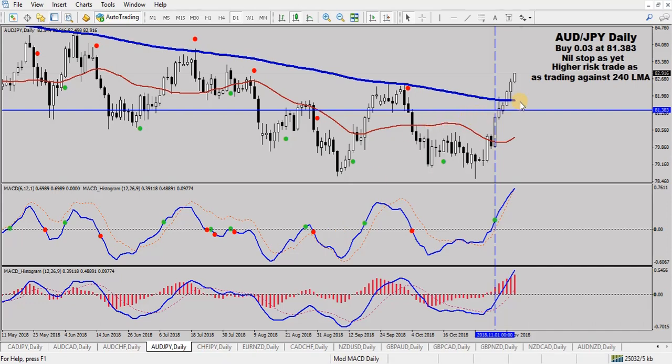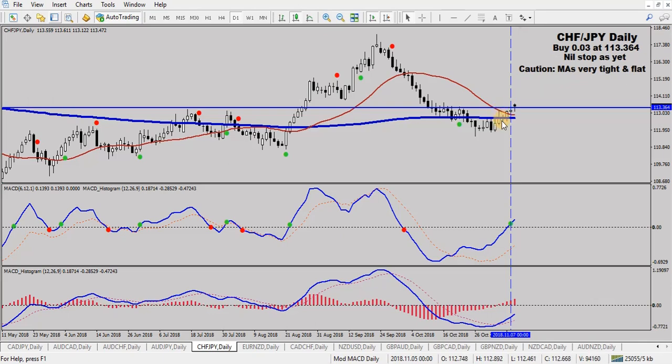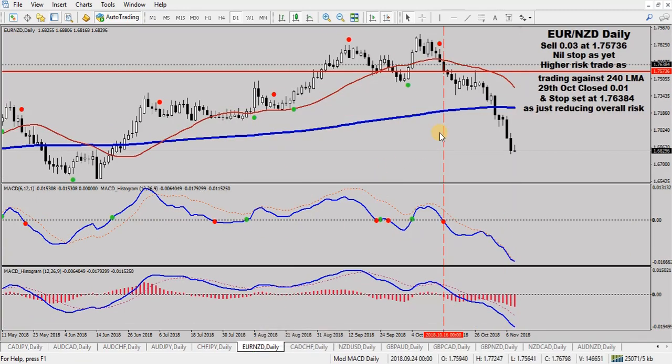Swiss Japanese yen, took a buy. I made a note, I think this is from this morning. Look at 240 LMA, it's going sideways, and the 25 SMA is now starting to flatten out also. Still a valid buy signal, just above the entry level. Euro New Zealand, took a sell back here, I've already closed out 1/3 I think when it got near, probably close to the 240 LMA.